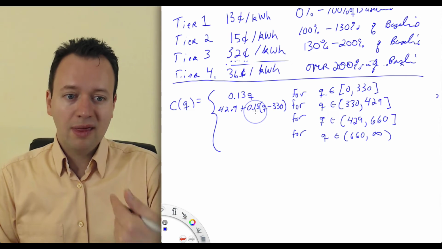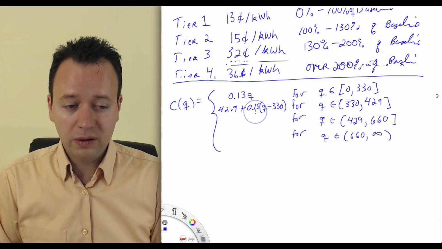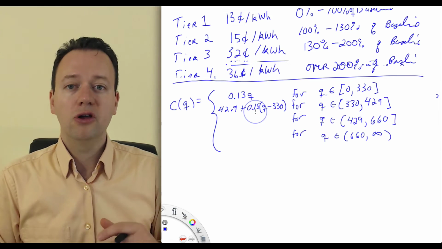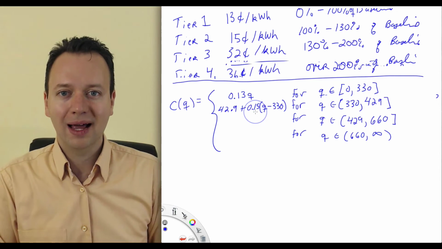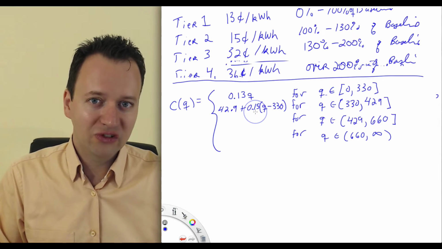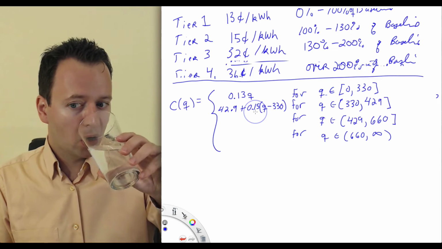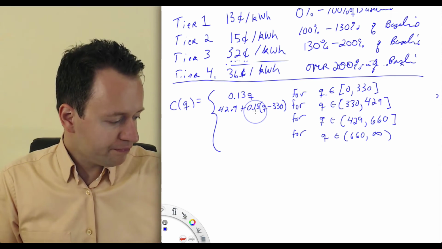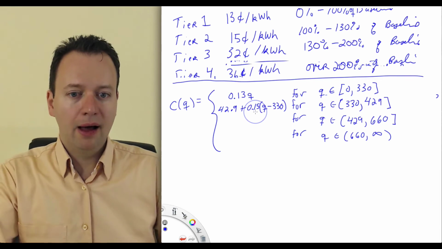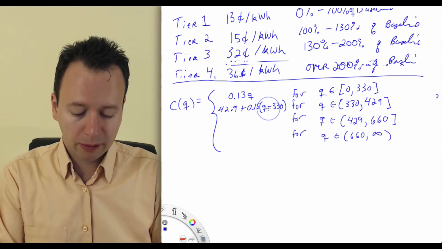Now we continue in that manner. Using the second formula, we can figure out what the utility charge is if we use exactly 429 kilowatt hours. In other words, if we're exactly 130% above baseline usage. In that case, we just plug in 429 for Q to see what the electric bill is equal to.